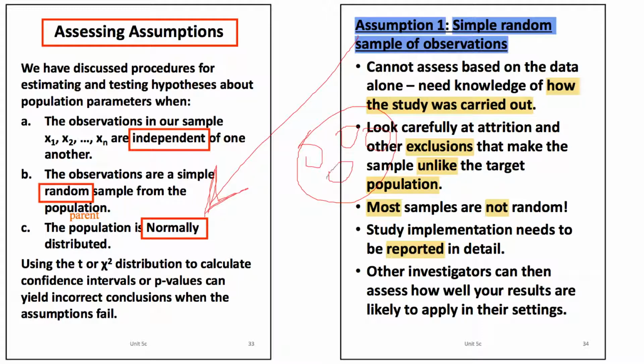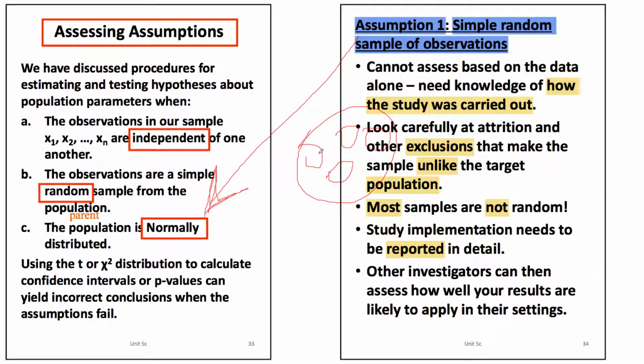There are a lot of different ways to sample. Is the way you sample completely random? Most samples are not random. Study implementation needs to be reported in detail, and other investigators can then assess how well your results are likely to apply in their setting.